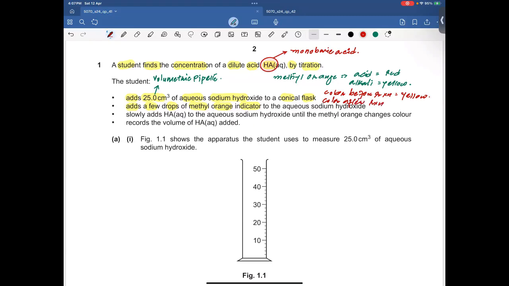And color after reaction, red. So the color observation is going to be yellow to red at the end point. Slowly add HA to the aqueous sodium hydroxide until methyl orange changes color, and that changes basically yellow to red.